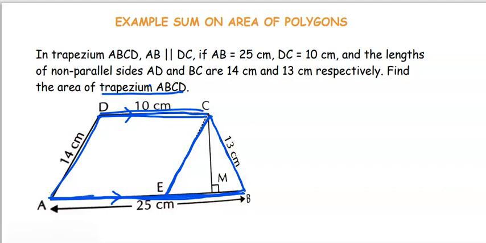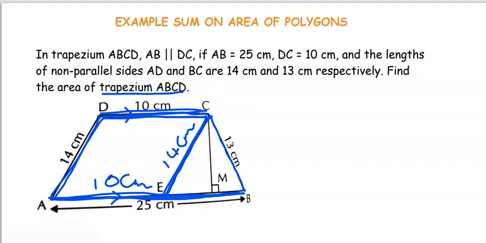So AECD is a parallelogram because opposite sides are parallel. Now, if AD is 14, EC is also 14 because in a parallelogram opposite sides are equal. In the same way, if CD is 10 centimeters, AE should be 10 centimeters.